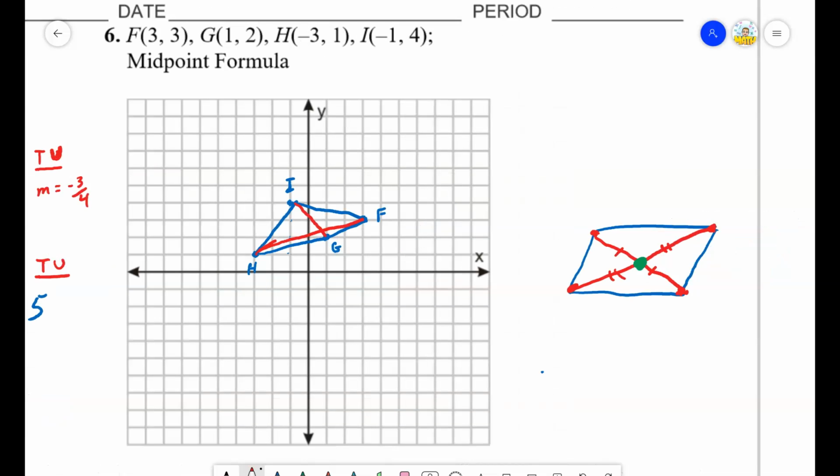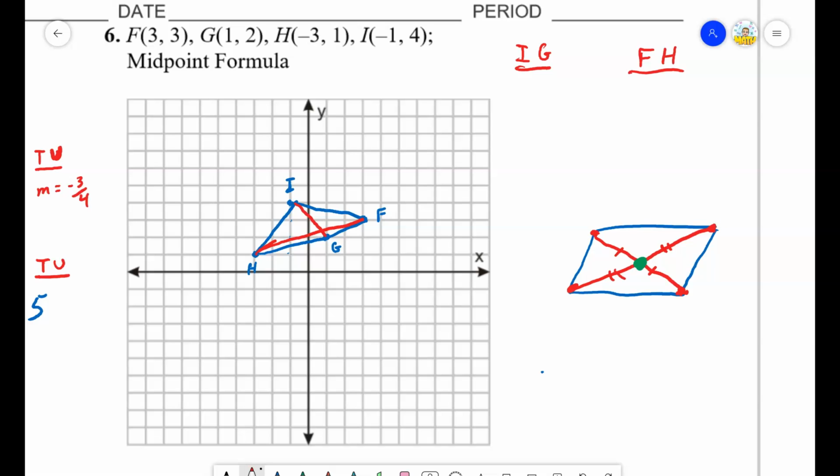So we can kind of tell right away this is not a parallelogram, but we want to verify it with the rule. So I'm going to look at the diagonal IG and its midpoint, and I'm going to look at FH and its midpoint. Those are my two diagonals. I drew them in up above here, and you can see.